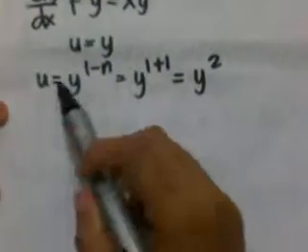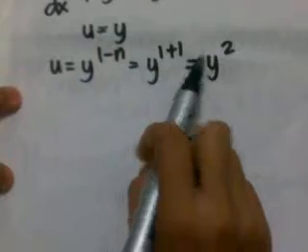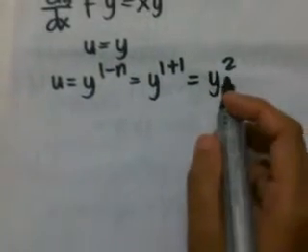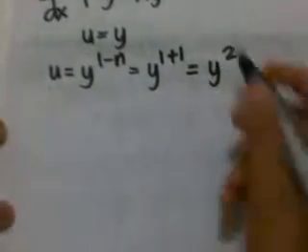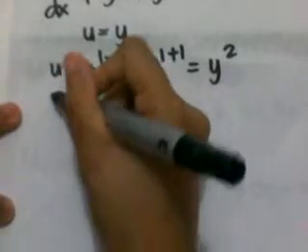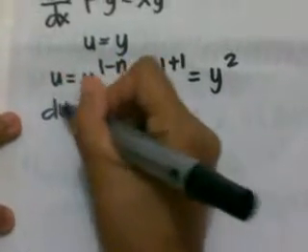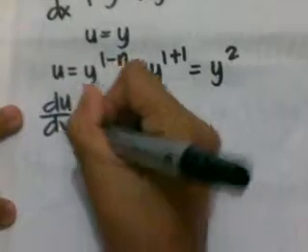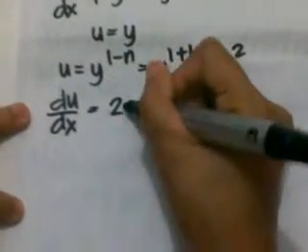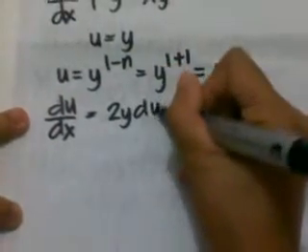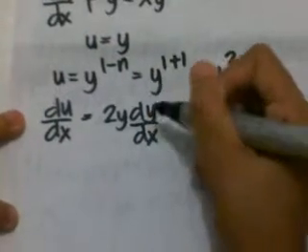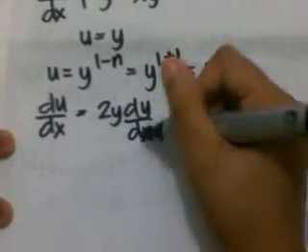From this equation, u = y squared, we get its derivative: du/dx = 2y dy/dx, and we get the dy/dx here.